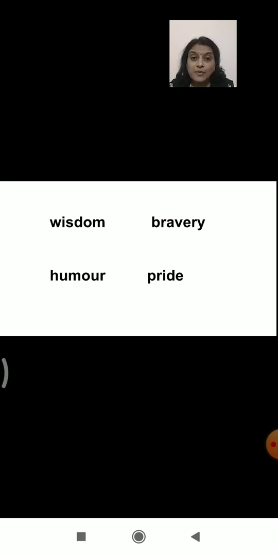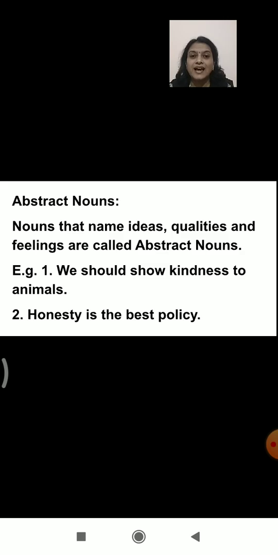So these types of words, they are also nouns. But which type of nouns? They are abstract nouns. So we can say that nouns that name ideas, qualities, and feelings are called abstract nouns.